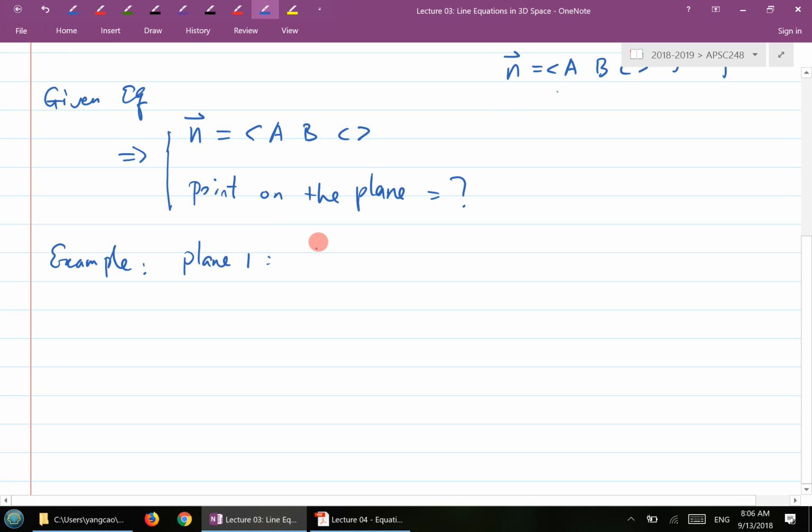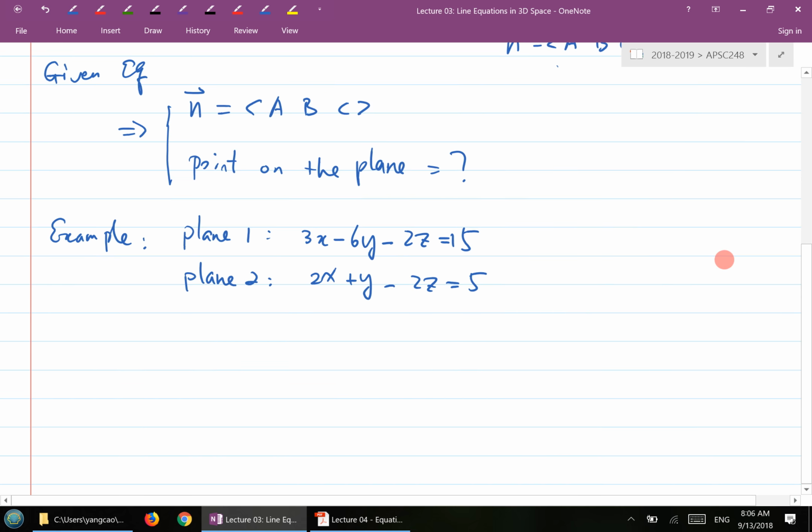I'll give you two planes. Here are two planes, and we want to find the angle between the two planes.